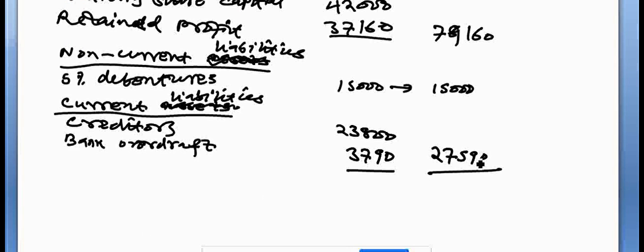27,590. Haya, sasa ongeza these three values, ongeza 79,160 plus 15 plus hiyo yenye umepata sahi. Ongeza those three values.